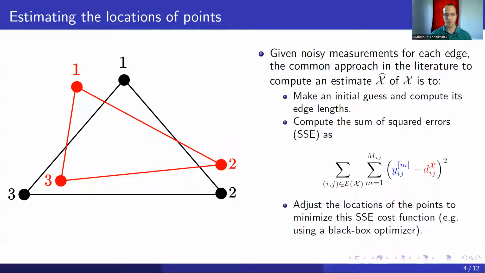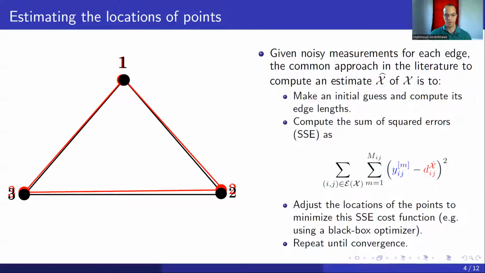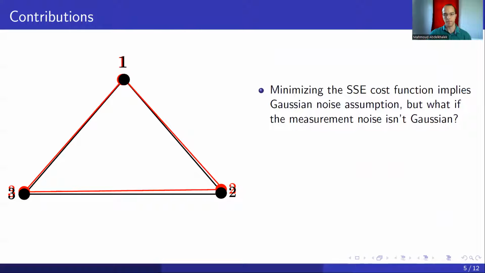Then we adjust the locations of the points to minimize the SSE cost function using, for example, a black box optimizer, which is what we do, and which is actually a strength in our work, because all we're doing is modeling, and then we can put that model into a black box optimizer, and it gives us a result. We then repeat this process until convergence. Note that the estimate has not converged precisely to the ground truth structure, and the reason is that there's noise in the measurements, so we can't exactly reconstruct the ground truth structure.